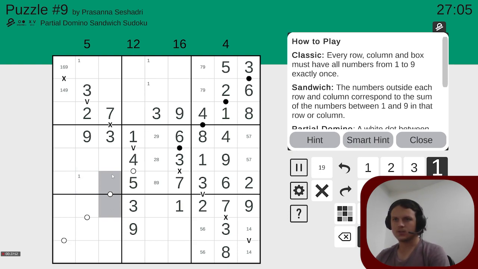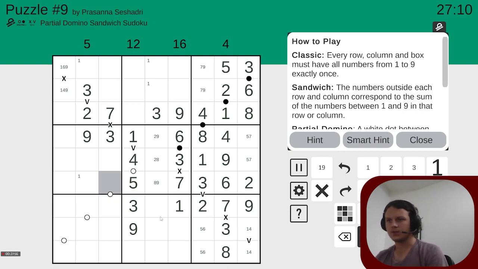I want to look at this consecutive now. So possible digits for the top are a 1, a 2, a 3 can't go there, a 4 could go there, a 5, 6, 7, or an 8 or a 9. We're just looking purely Sudoku and forgetting that white dot's there. So it can't be a 1, a 2, a 3. Could be a 4. It could be a 5. Could also be a 6 or an 8.